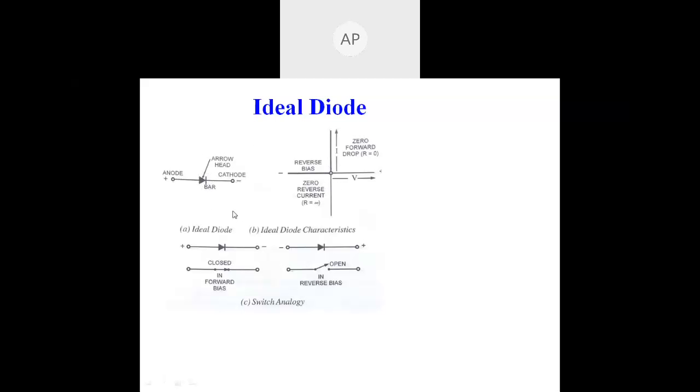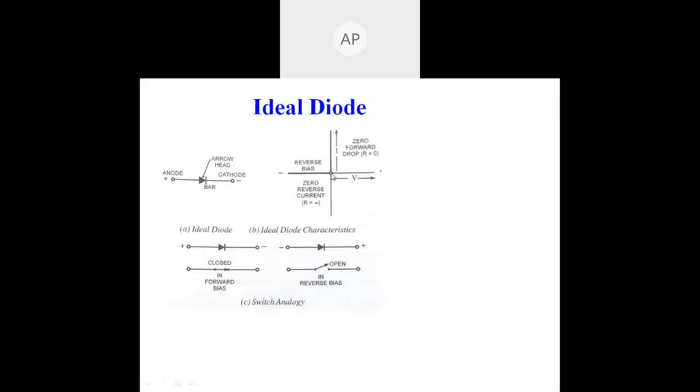The actual characteristic we have seen. If we say that this PN junction diode is ideal, it means the barrier potential is zero. For that case, once the voltage is applied, the current will rise immediately.